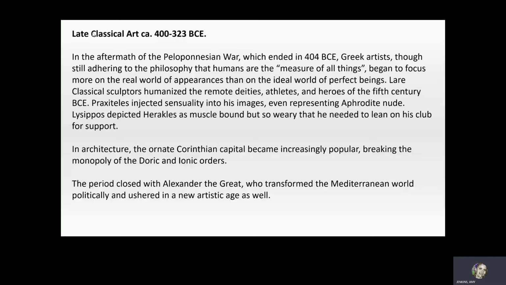Praxiteles injected sensuality into his images, even representing Aphrodite nude. Lysippos depicted Heracles as muscle-bound but so weary that he needed to lean on his club for support. In architecture, the ornate Corinthian capital became increasingly popular, breaking the monopoly of the Doric and Ionic orders. The period closed with Alexander the Great, who transformed the Mediterranean world politically and ushered in a new artistic age as well.